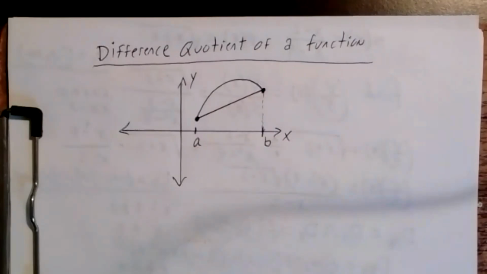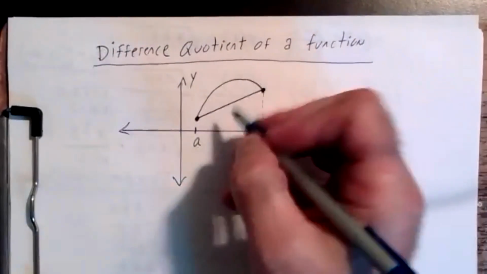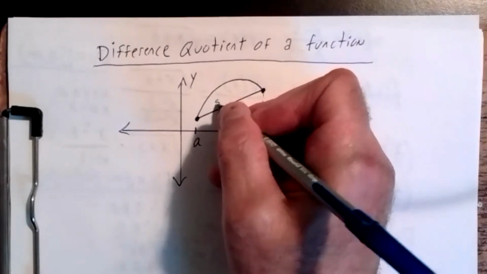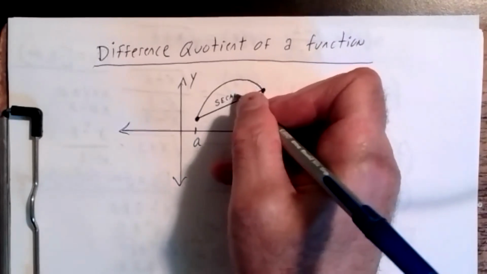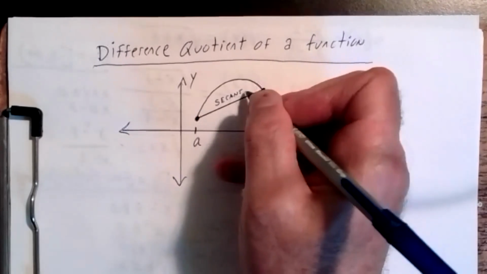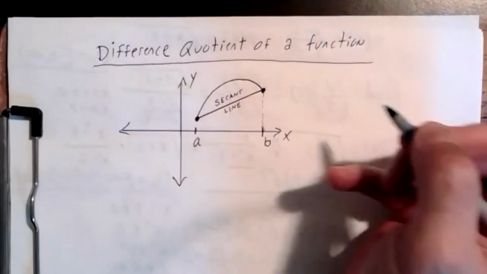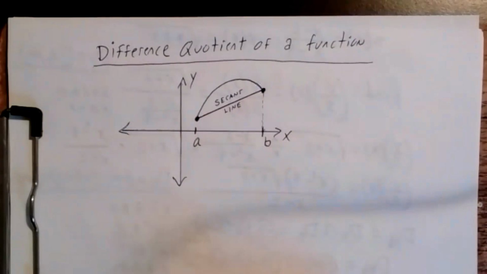See that line segment there? This line segment is called a secant line. That's what that line is called, a secant line.